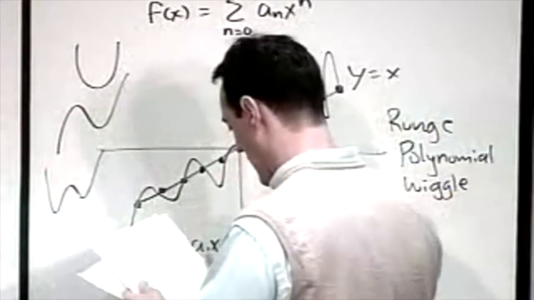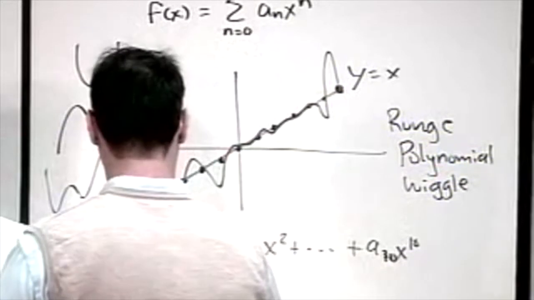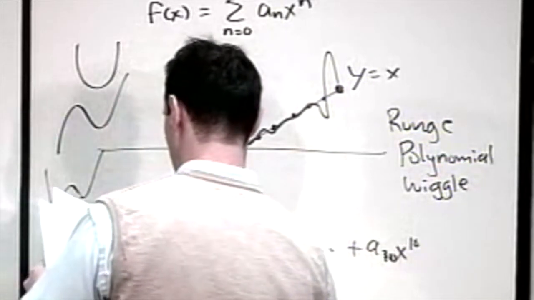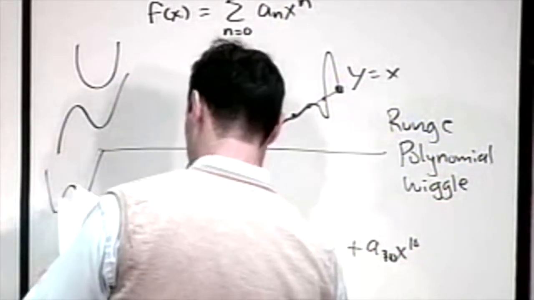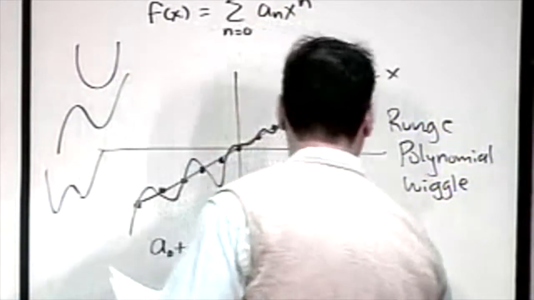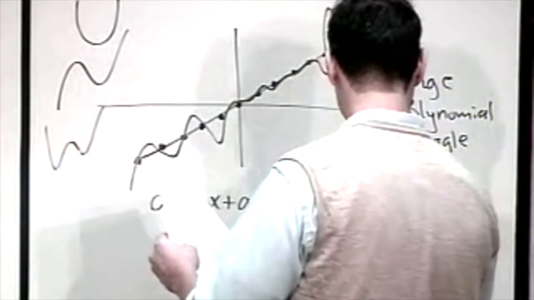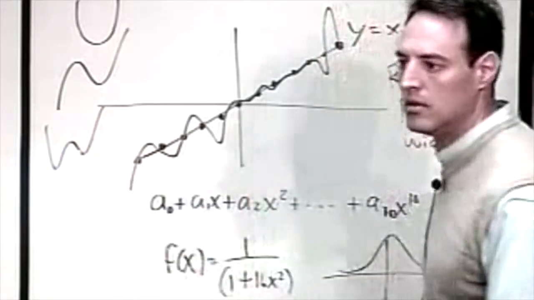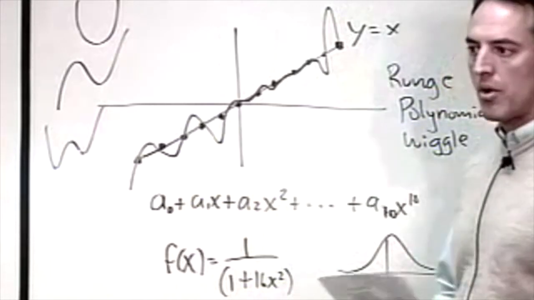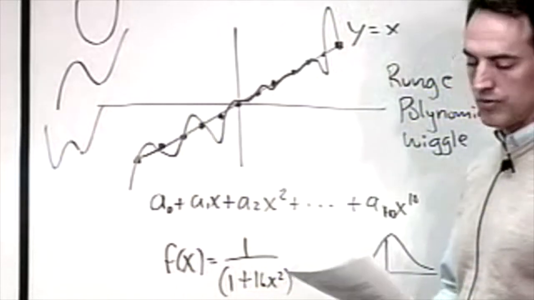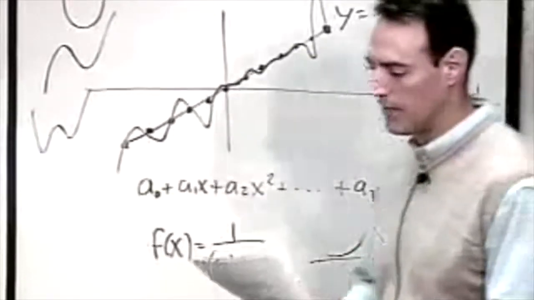The function I'm looking at is the following: f of x equals 1 over 1 plus 16 x squared, which, by the way, just kind of looks like a bump, something like that. I say, okay, start approximating this thing, chop it up in a certain number of points and see what happens.